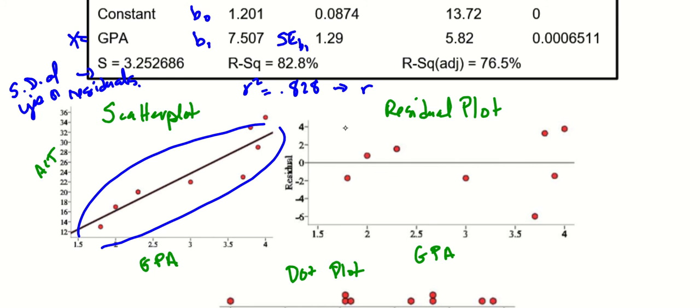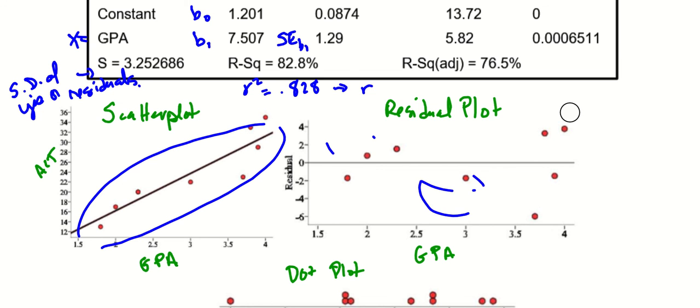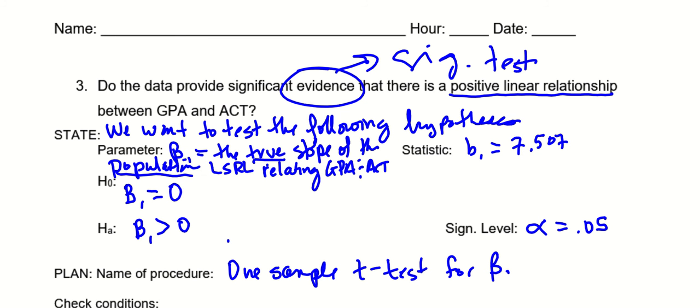So if we had all our dots up here and then in the middle they were low and then at the right end they were up high, that would be our curved pattern. With such a small set of data, we shouldn't be surprised that we're going to see what looks like a curved pattern if we follow those dots. Because it's not high, low, high or low, high, low, we would say there's no leftover pattern.